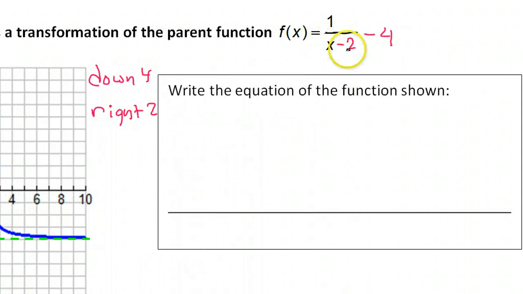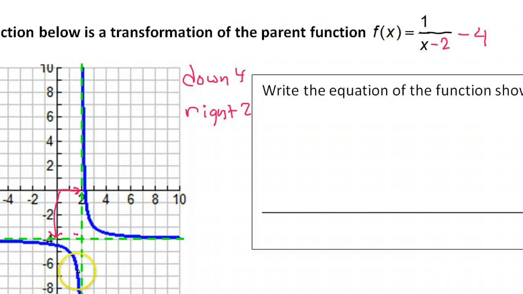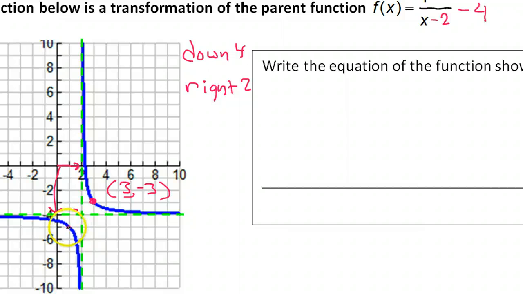So let's put this in our calculator and see. We definitely have the asymptotes right, but let's see if, for example, we come up with the point 3, -3. And right here, for example, we have the point 1, -5.